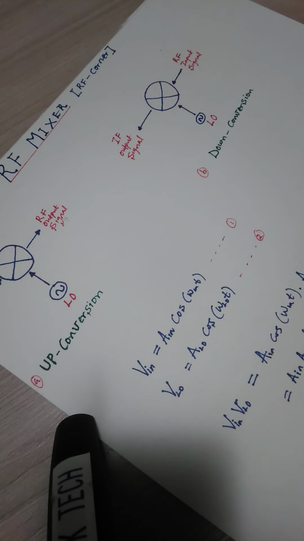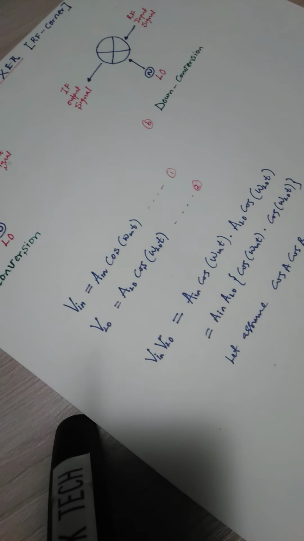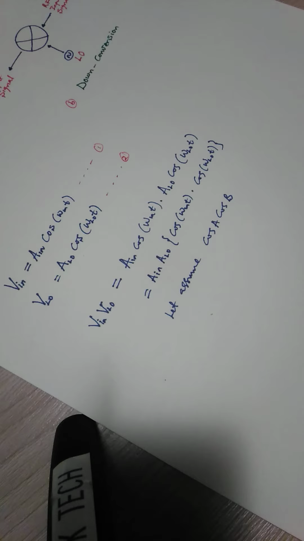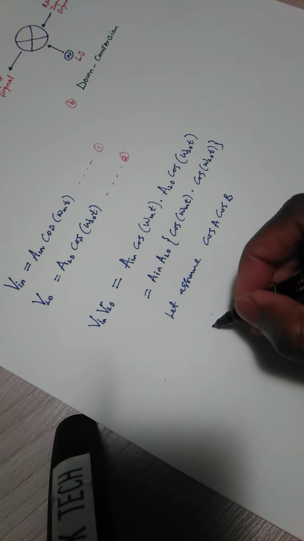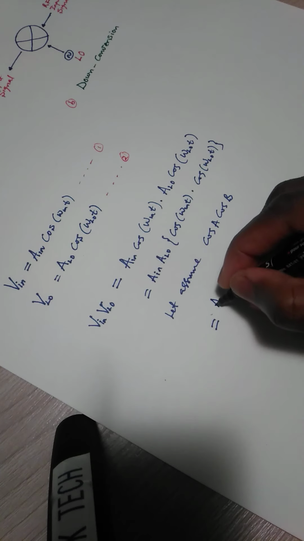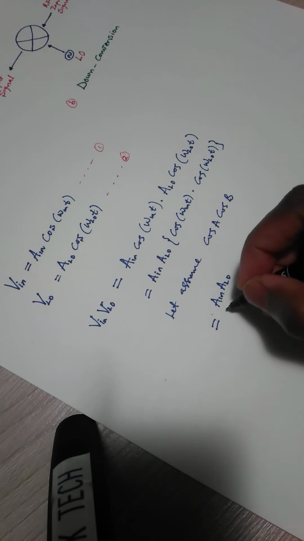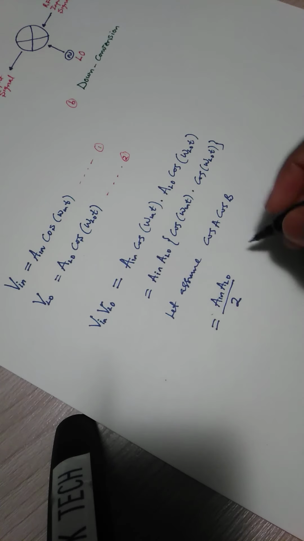cos A cos B. So by mathematical operation, when we split this cos A cos B, we have, in summary, A_IN A_LO all over 2.